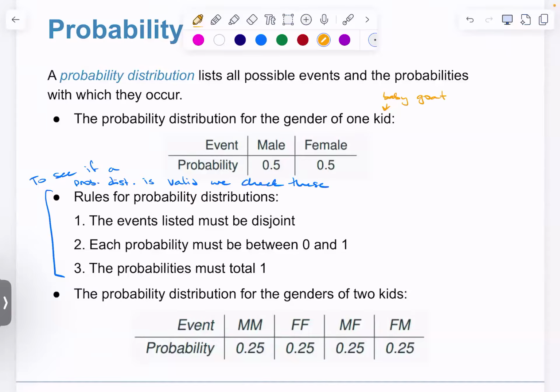The probability distribution for the gender of one kid, well, still male. It still works. That's why it's so cute. 0.5 and 0.5, let's say. Okay. And here, right, we'll assume that these genders are disjoint. They can't happen at the same time. Yes, I know.